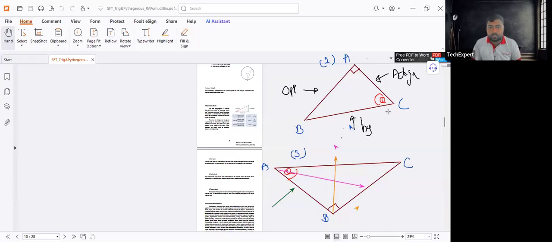When you are practicing, no need to follow that method. You can directly identify the correct side. But for now, just follow that method. Okay, then write the next topic.